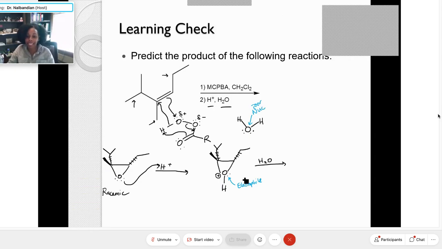And as it attacks, is it going to attack the more hindered or the less hindered side? Can you put more or less into the chat, please? More hindered or less hindered side? We're going to attack the more hindered side. So we're going to attack here, and we're going to break this oxygen-carbon bond.